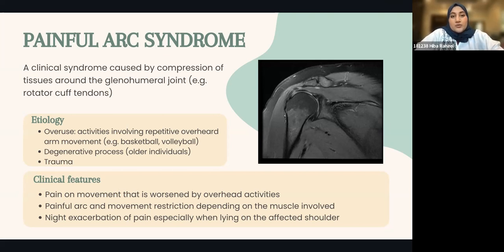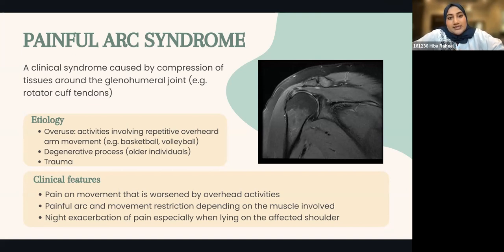Another thing to always consider in these soft tissue injuries or bony injuries is that one of the causes is always old age, degenerating processes, because as a person gets older, their muscles and the structures inside get older as well, right? Over time, because they've been used a lot in their lifetime, they just start undergoing wear and tear.